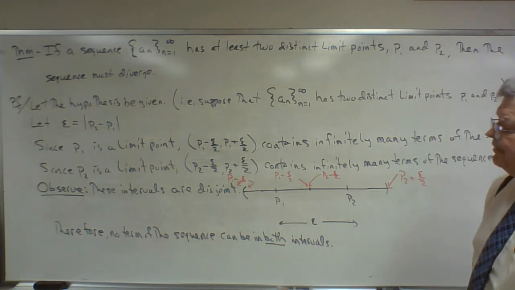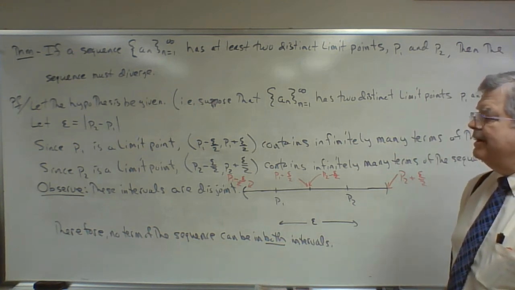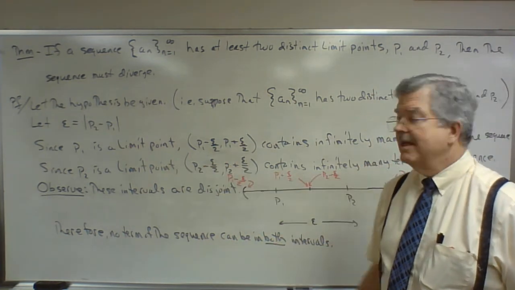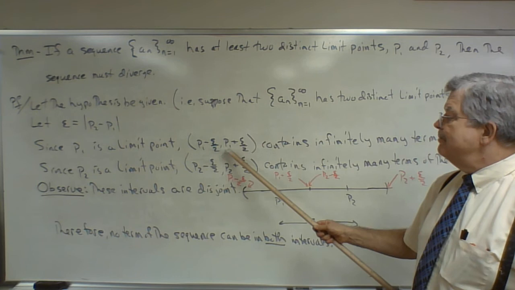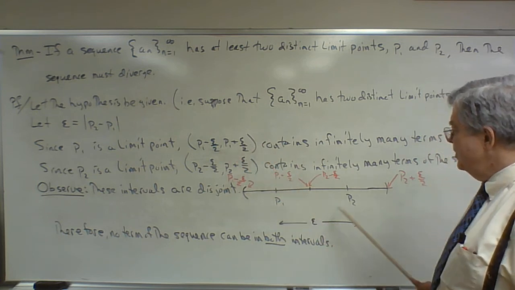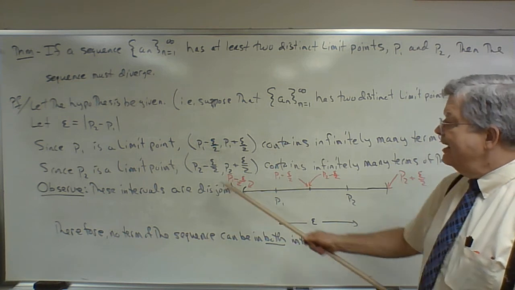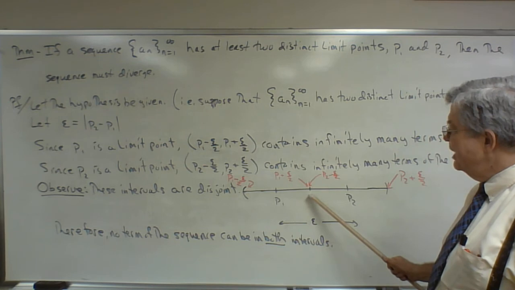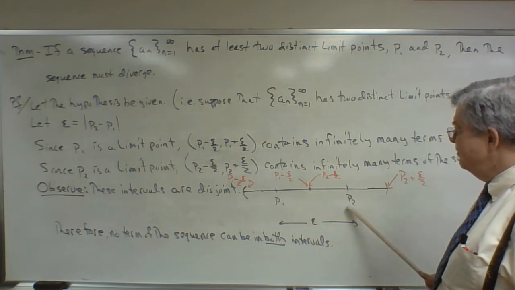And we chose epsilon over 2 because the distance between these points is epsilon. So P1 plus epsilon over 2 is the halfway point between P1 and P2, and P2 minus epsilon over 2 is also the halfway point.